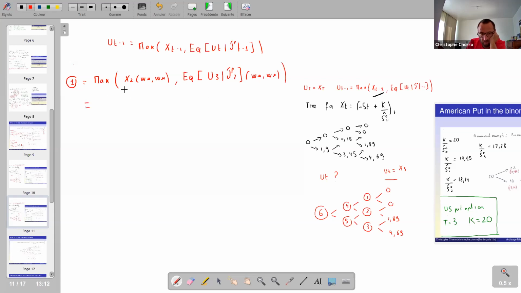But what I have here, this one is 0 because of this one. So it is equal to 0.